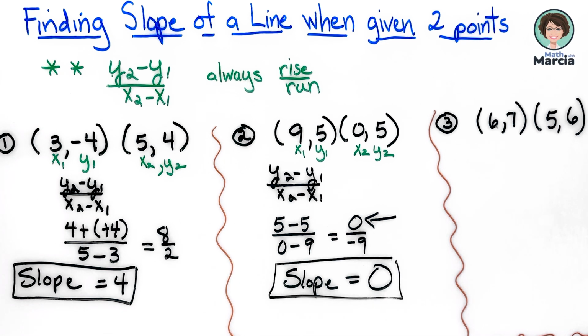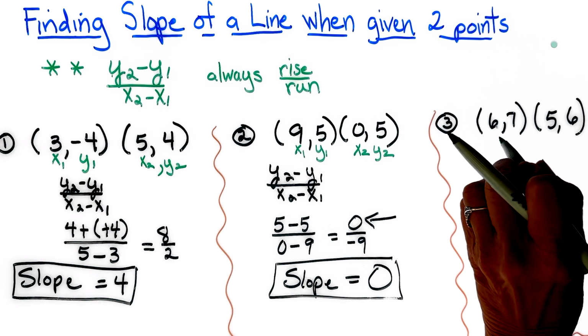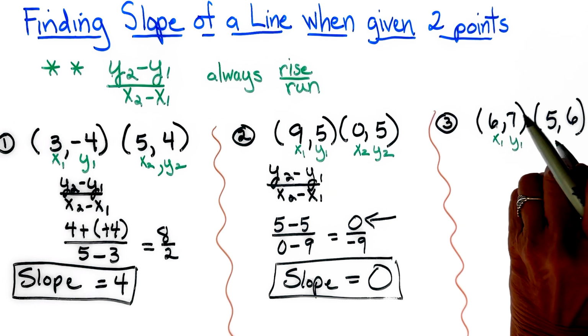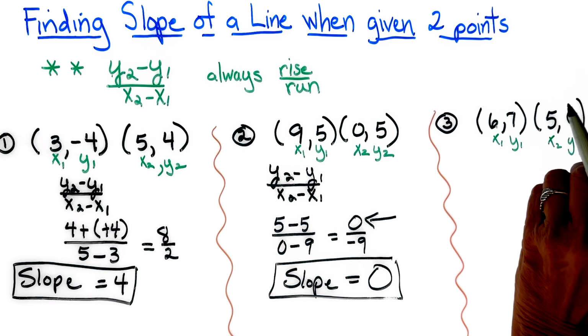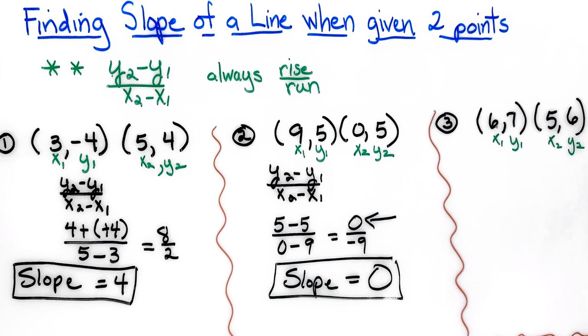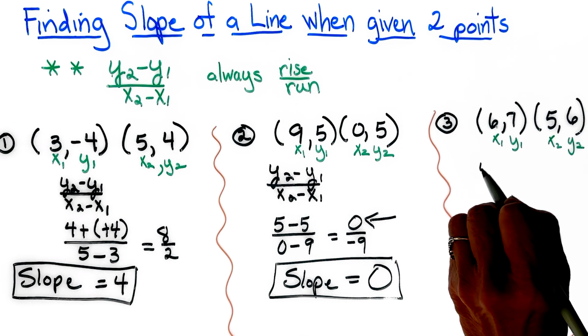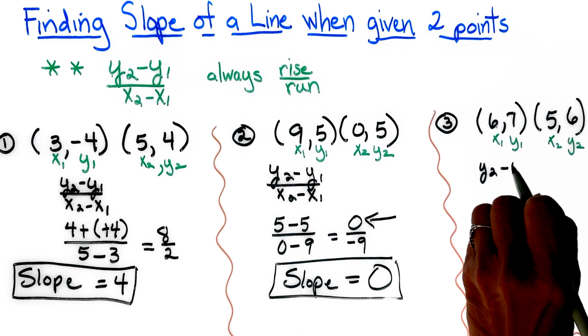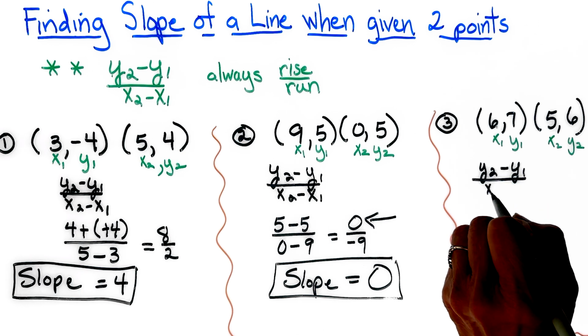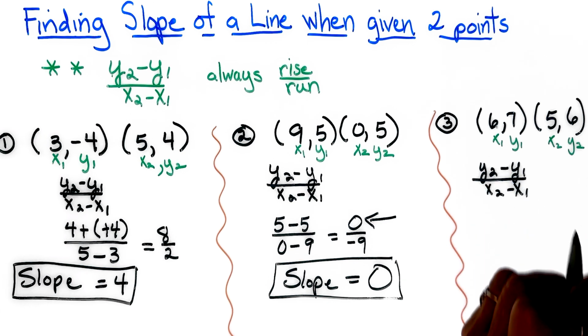All right, well, let's see what question number 3 holds for us. Again, you do know that I'm going to label x1, y1, x2, y2. You should be saying, I bet she's going to copy the formula. Of course I am. y2 minus y1 over x2 minus x1.